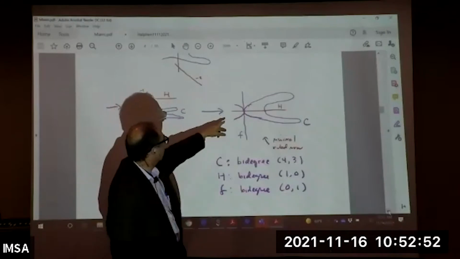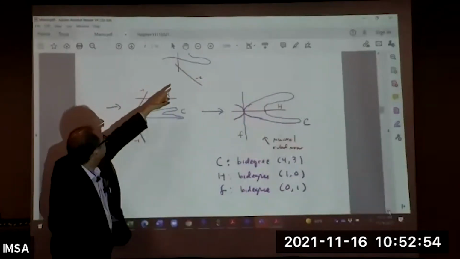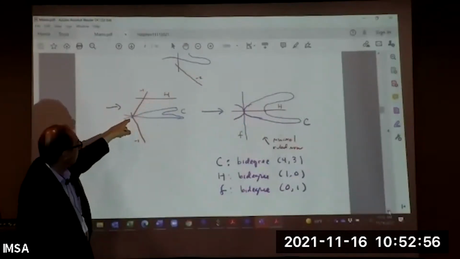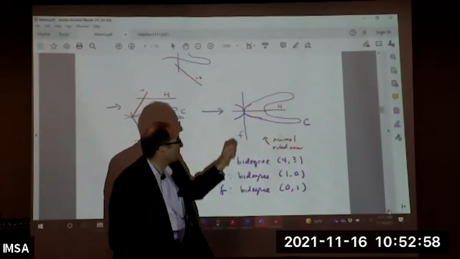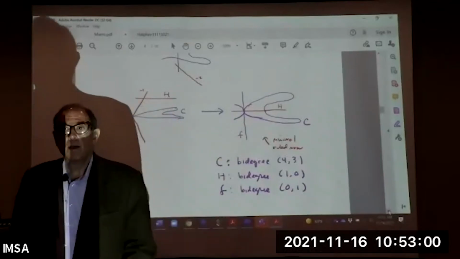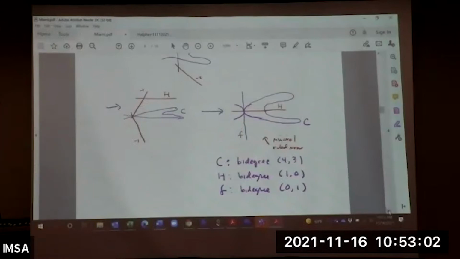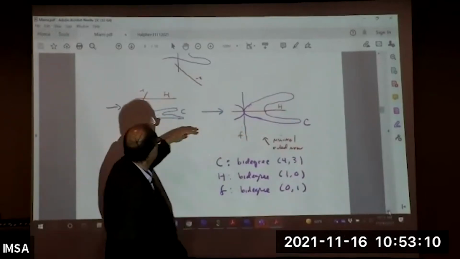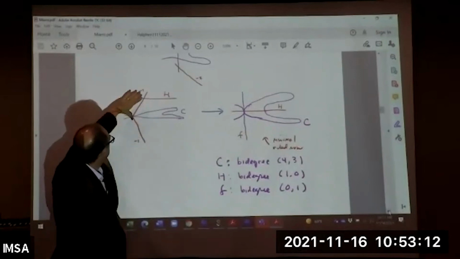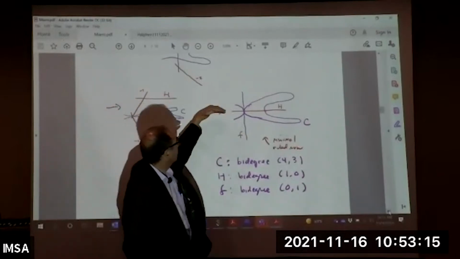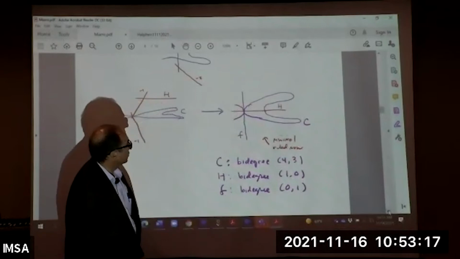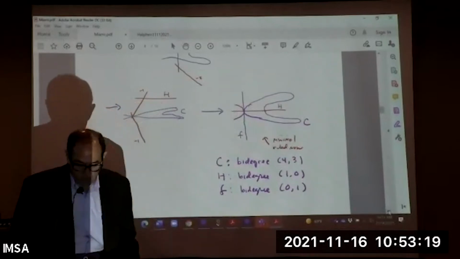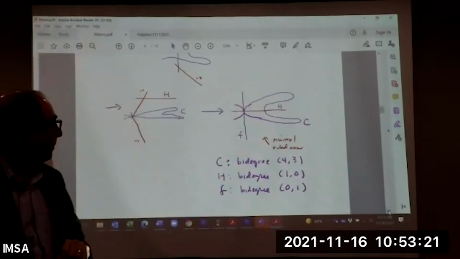The branch curve has, well, when you did the first blow up, it acquired a node. When you do the second blow up, it acquires a tacnode. And then the tacnode is vertical. Blow down this -1 curve. And now this is a minimal ruled surface. The H then gets collapsed into here. It becomes a section that passes through the tacnode in an orthogonal direction, so to speak.